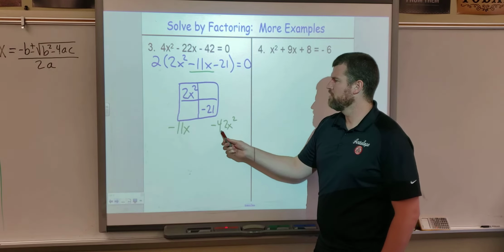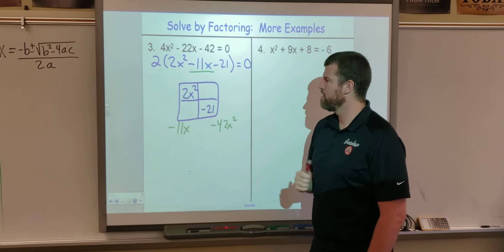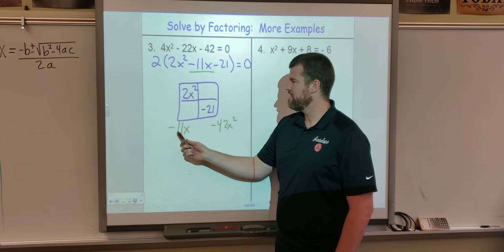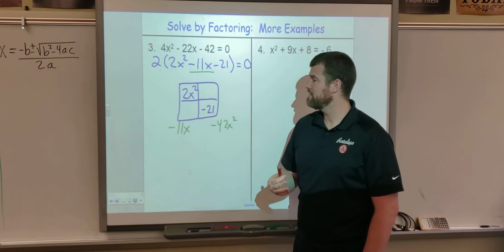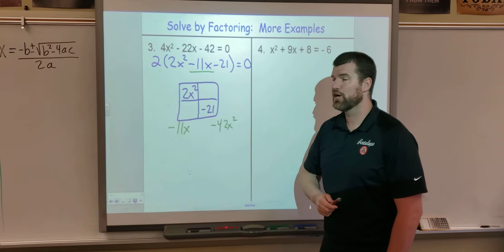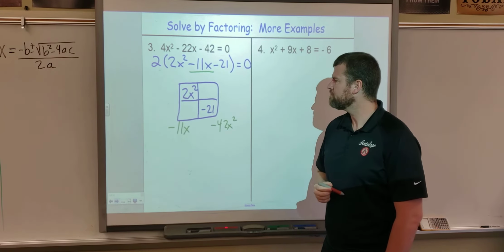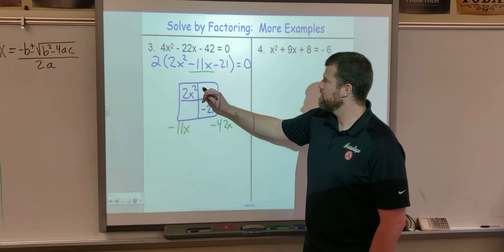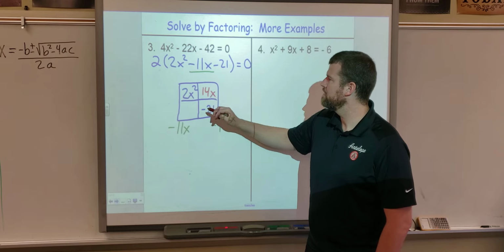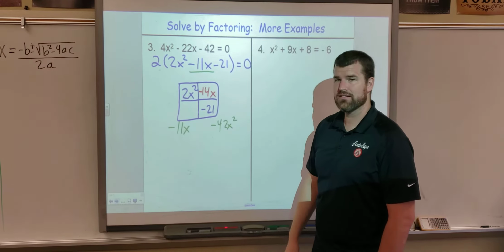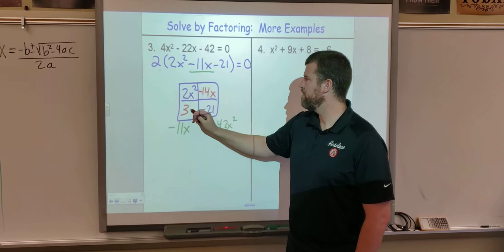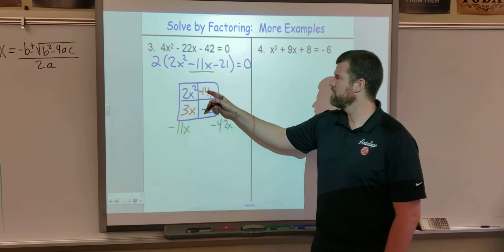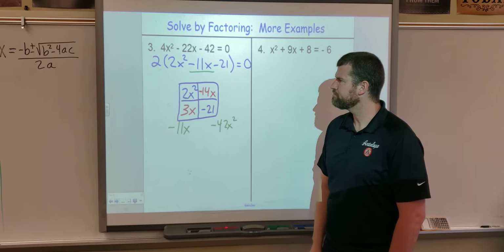Well, I know if they multiply to a negative, I have to have one negative and one positive. And I know that when I add them together, their absolute value is going to be 11. And since it's a negative 11, my bigger term will be the negative. And eventually, after I brainstorm, I figure out it's going to be negative 14x and positive 3x. Those will add to negative 11, but they multiply to negative 42.